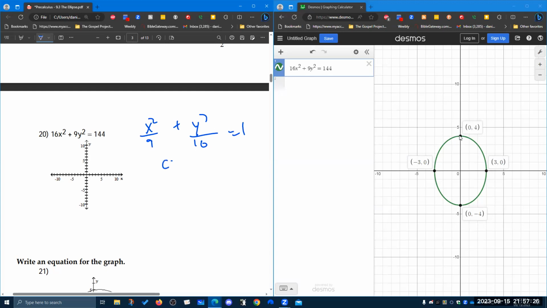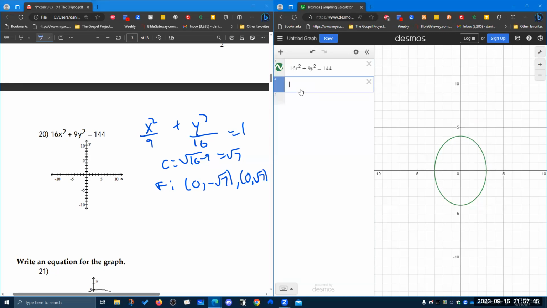My c is going to be root 16 minus 9 is root 7. I'm in the y direction, so my foci are at 0, negative root 7, and 0, root 7. Like so. And there's the foci.